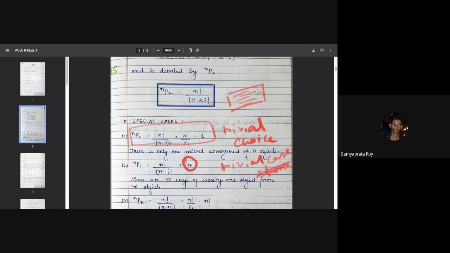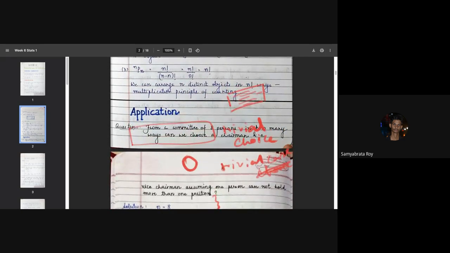Why not one? Why is it n factorial? Because you can exchange the ordering of choosing a particular pen, and that will give you a different way of choosing in permutation while ordering matters. So that's why you have n factorial ways.